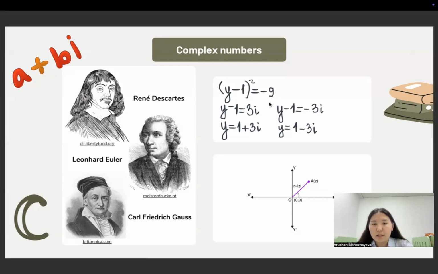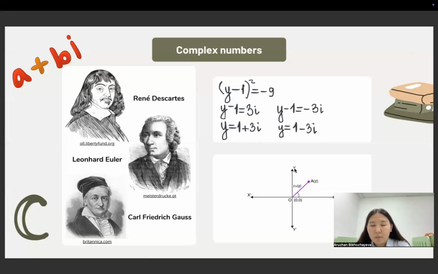And look here, (y-1) squared equals -9, and it also has two roots, which are complex. First is 1 plus 3i, and second is 1 minus 3i, because we know that i equals root of -1, right? And we can also interpret complex numbers in the Argand diagram, with the real part on the x-axis and the imaginary part on the y-axis.